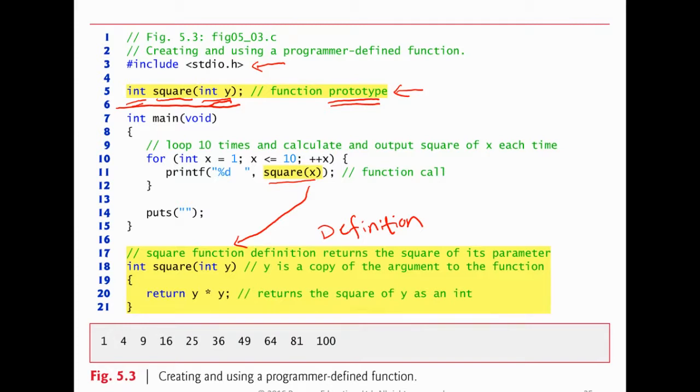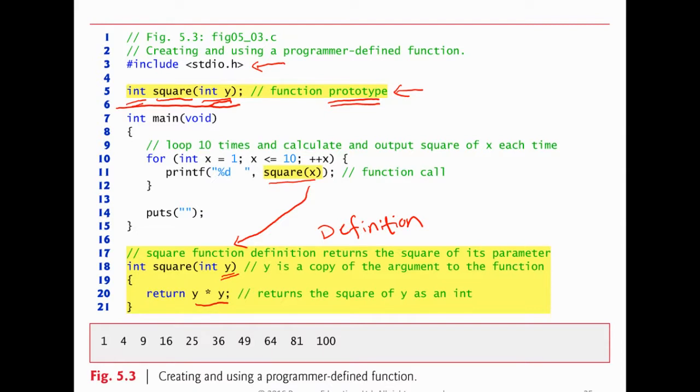So the definition does not have a semicolon. You have int square, int y. When you call the function square, you get a copy of the variable x. You don't get the original variable x, you get a copy of it here. This copy is put inside a variable y, and the function returns y multiplied by y.